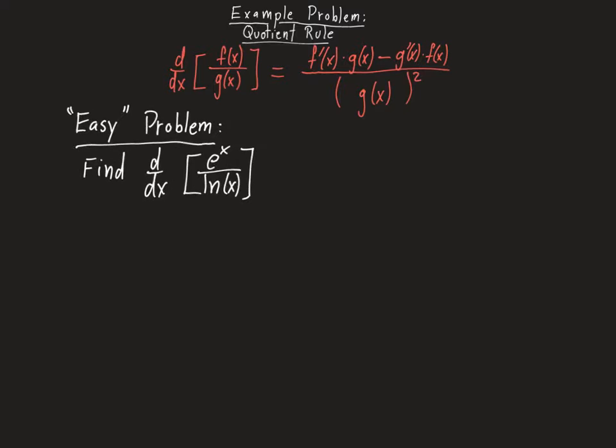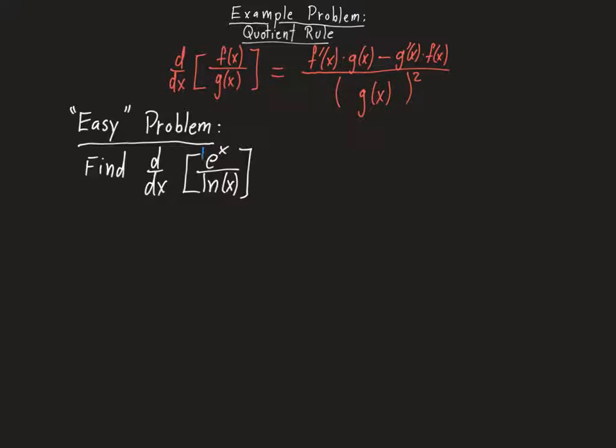So the first step, like in the previous video, is to figure out how do we determine that we need to use the quotient rule in this problem. Now, quotient rule problems are usually pretty straightforward to figure out. You can usually tell that you need to use the quotient rule because you can see that there is a large fraction with a function on the top and another function on the bottom.